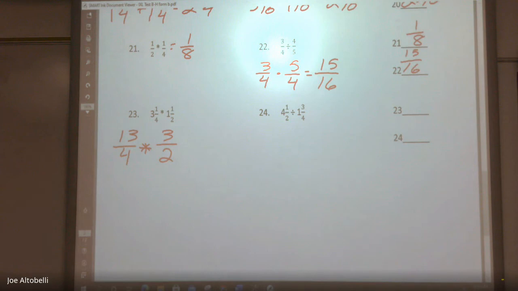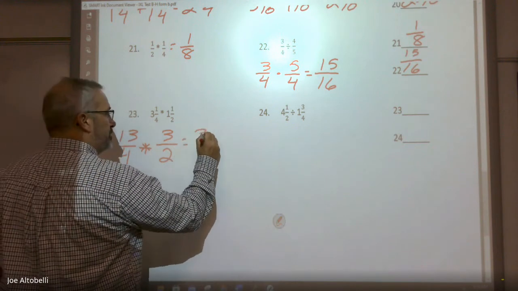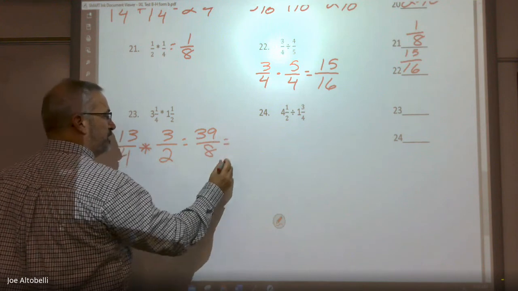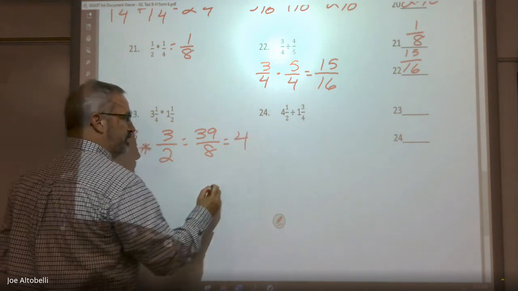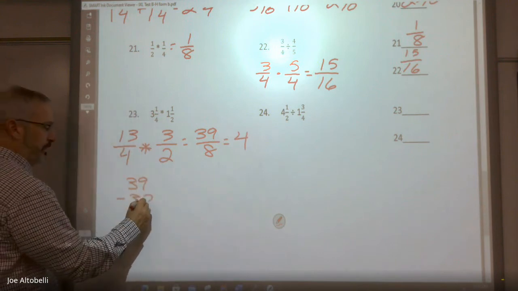Notice we don't have to do common denominator. We just had to rewrite them to improper fractions. And then we go top times top, bottom times bottom. 8 goes into 39 4 times. 39 minus the 32.